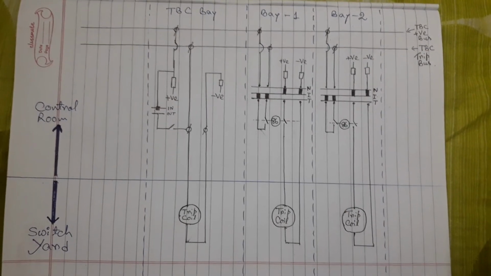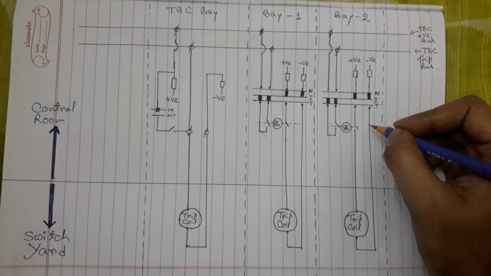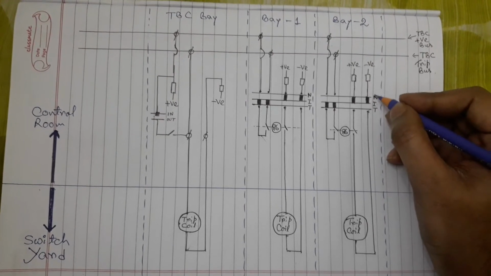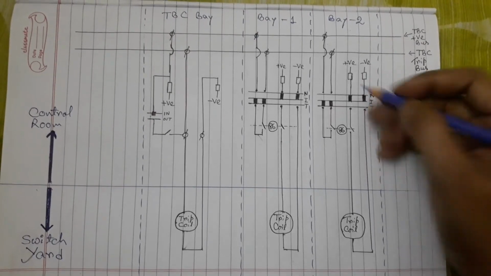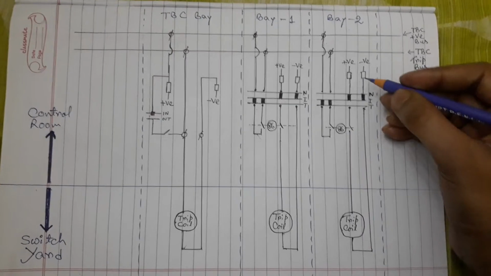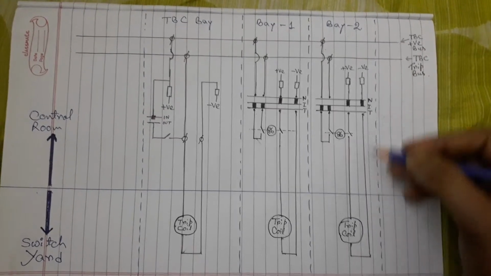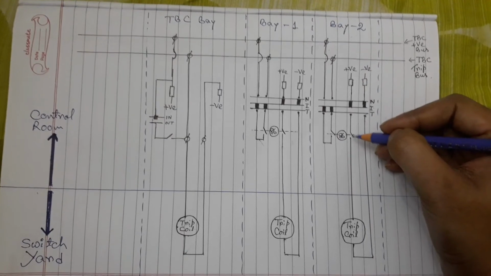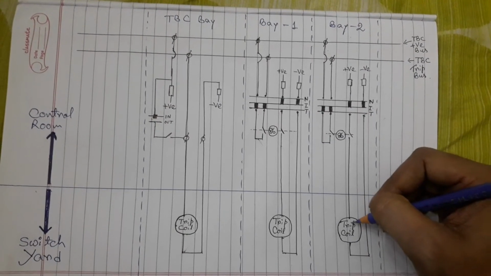During normal operating procedure, when one circuit breaker is healthy, this switch is generally kept in normal condition. Then this circuit breaker will operate as a result of operation of this 86, because negative is firmly connected to this trip coil, and if this contact makes, then this positive will come and of course operate this trip coil.